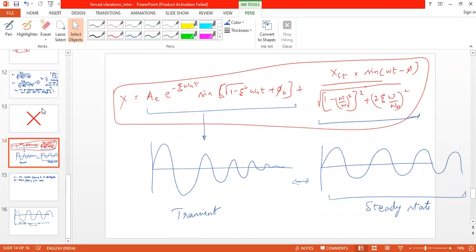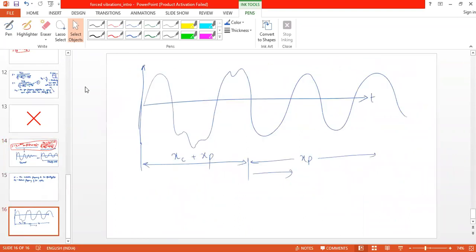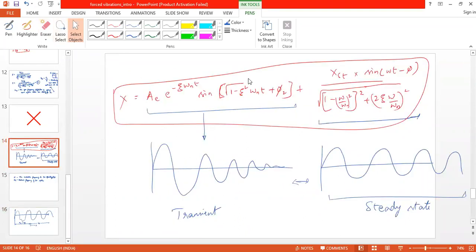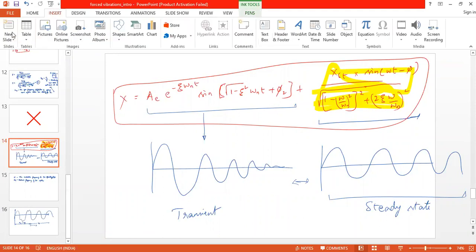Now, finally, after the system reaches the steady state, the final solution will be this one. Now there are some more terms we need to define. One is the magnification factor.